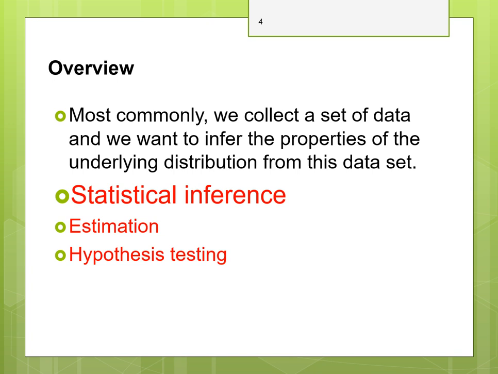So most commonly, we collect a set of data and we want to infer the properties of the underlying distribution from this data set. At this time, statistical inference can be used, and this method can be subdivided into the two main areas of estimation and hypothesis testing.